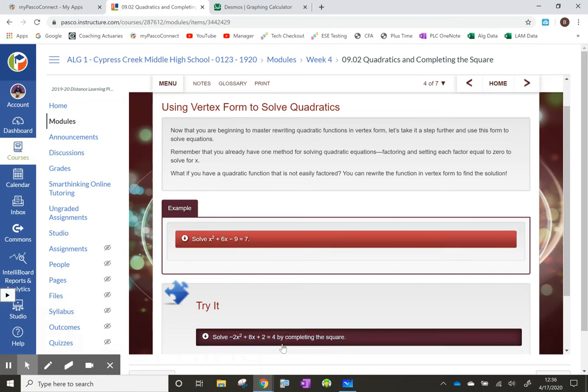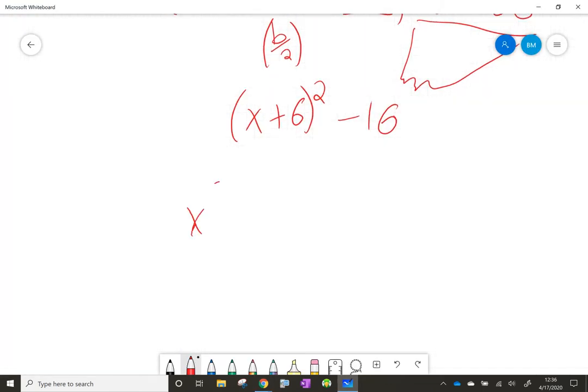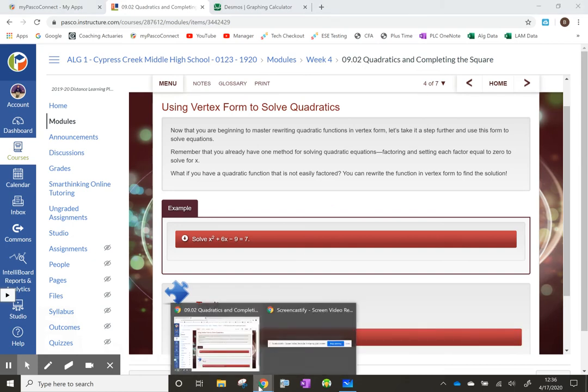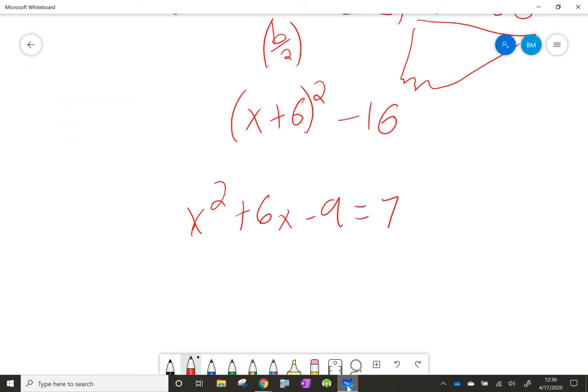So let's solve x squared plus 6x minus 9 equals 7. Let me just double check I wrote that down right. Yes. Okay, so when you're solving quadratics, the number one thing, to solve quadratics, you have to have everything equal to 0.